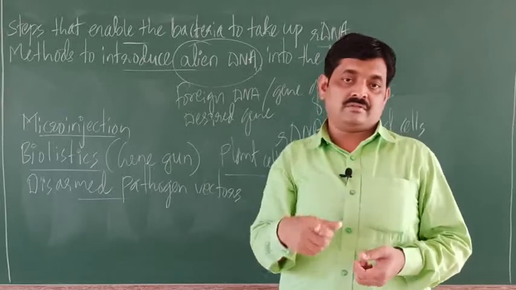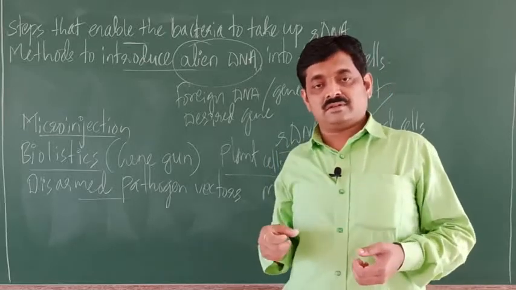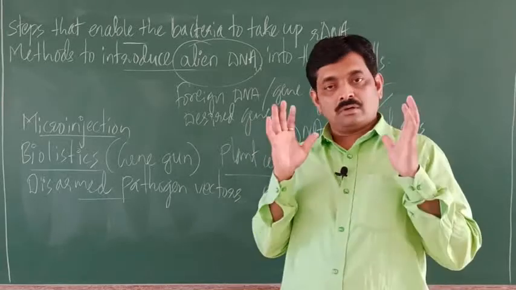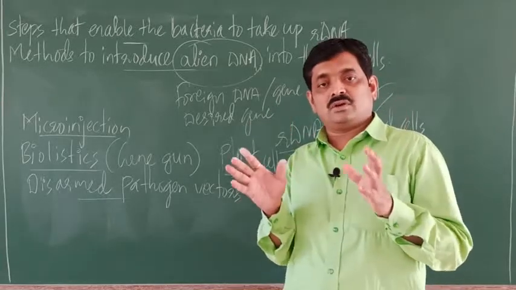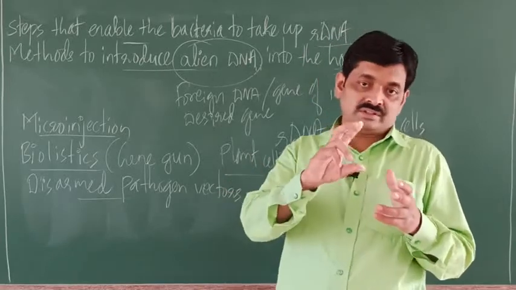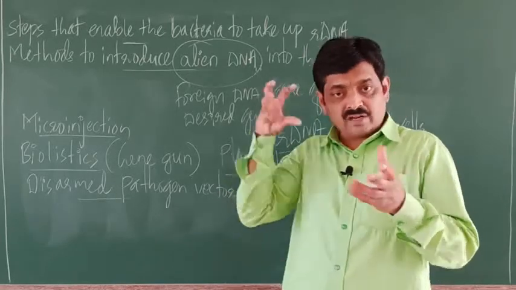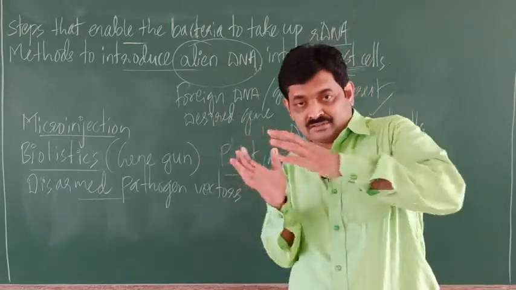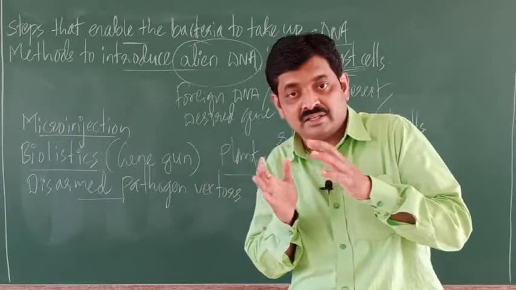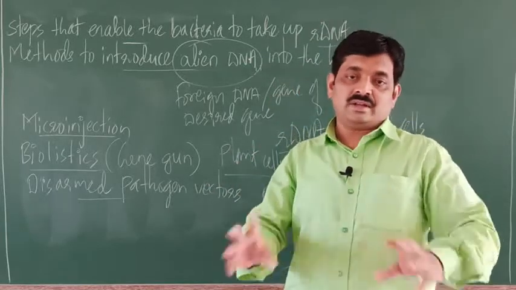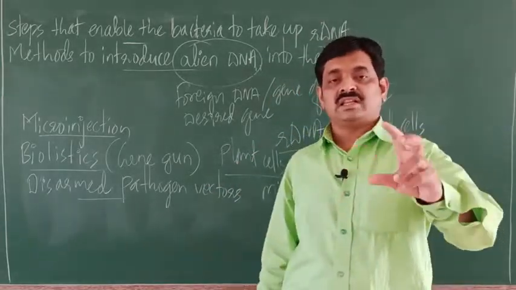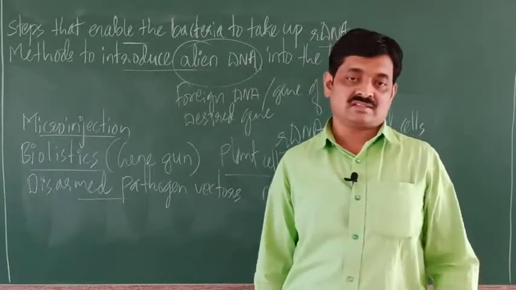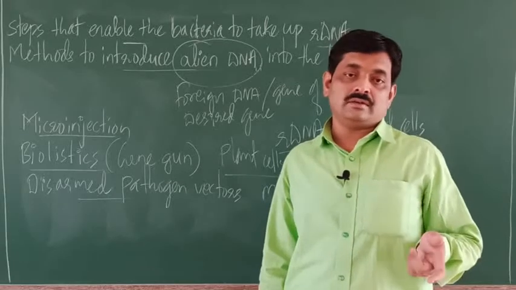Same thing is done here. These particles enter the nucleus, and along with them they carry the DNA. In this way, DNA is transferred to the target site. This technique is called biolistics or a gene gun.